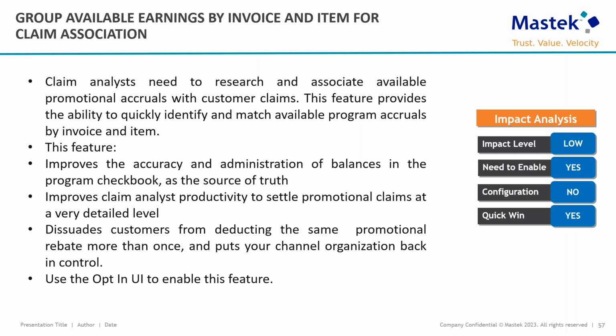However, it is only applicable to an Oracle Fusion Cloud SCM source system. In addition to that, Oracle replenishment planning will derive dates from the originating transfer order records. To use this feature, we have to do the opt-in UI, and it will be a quick win for us.